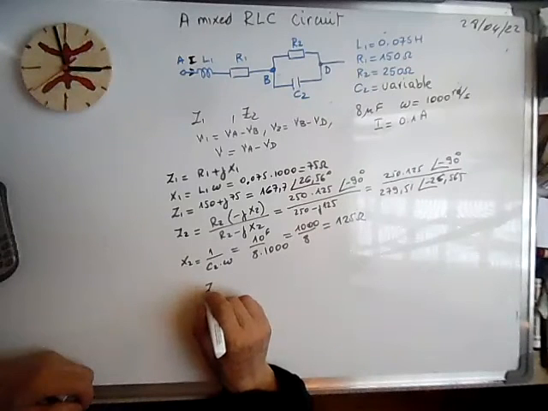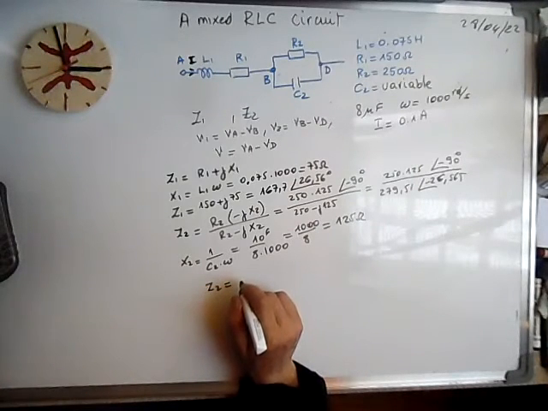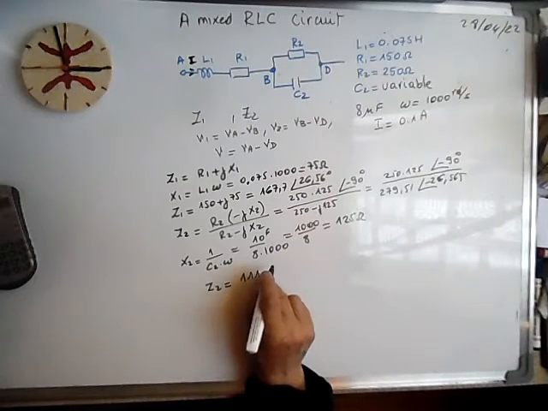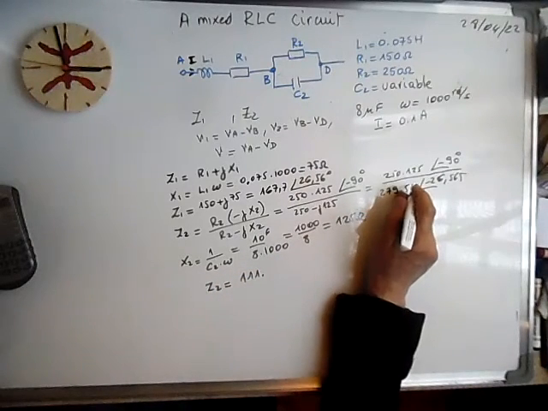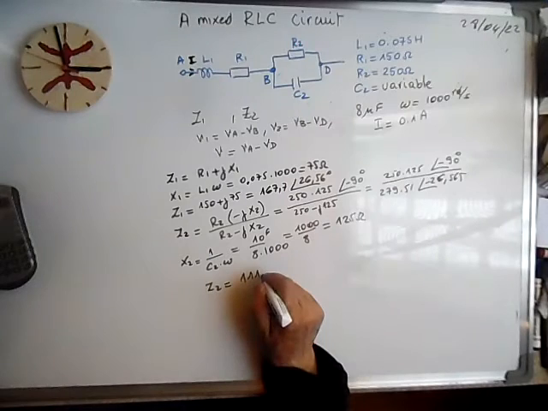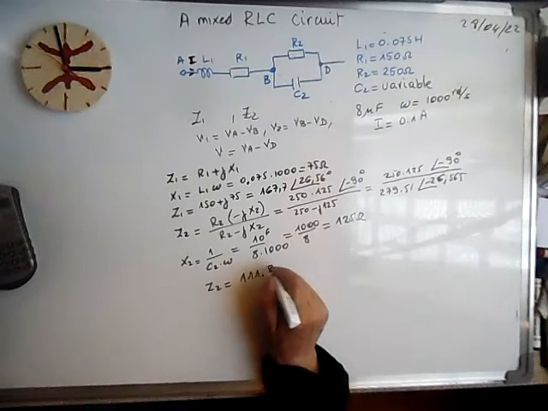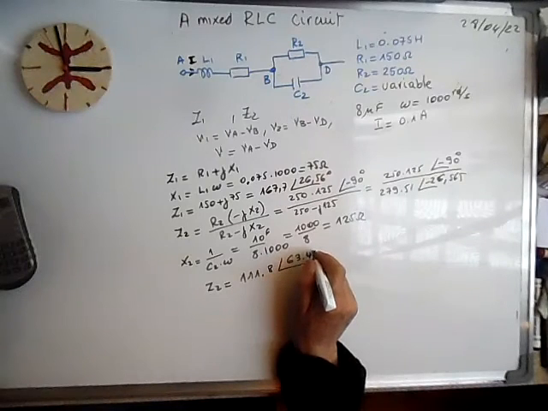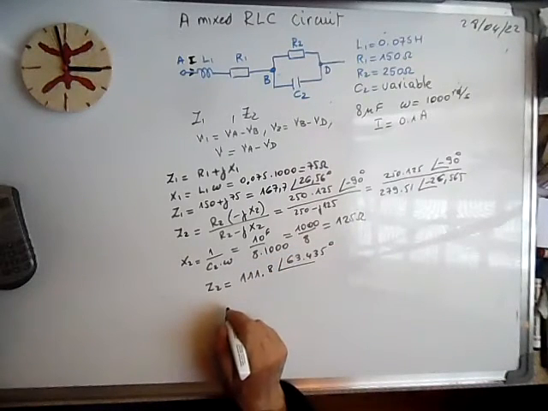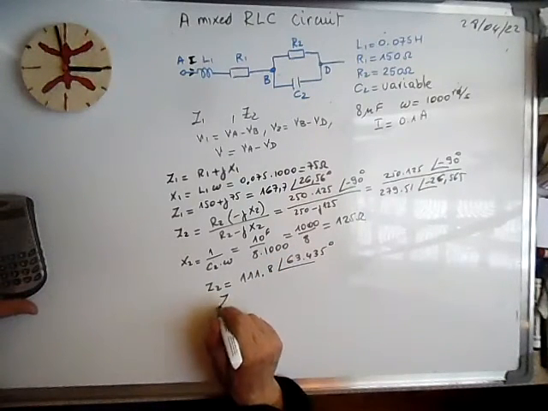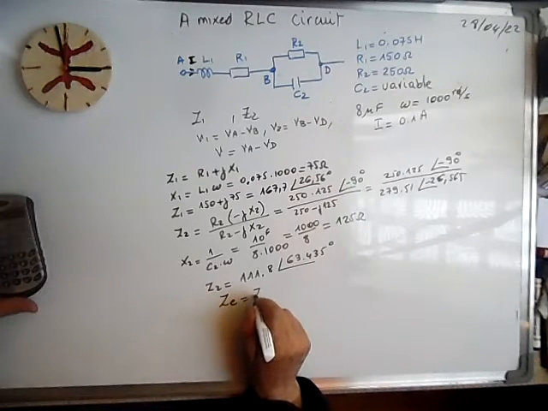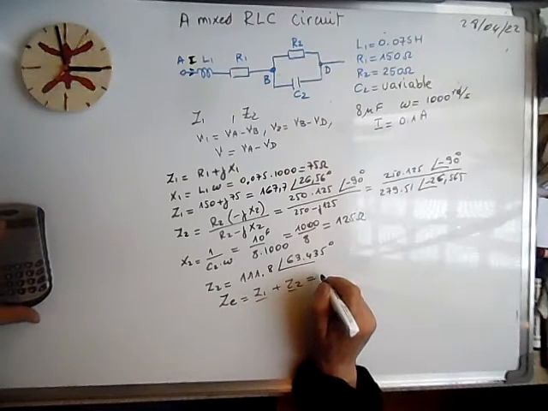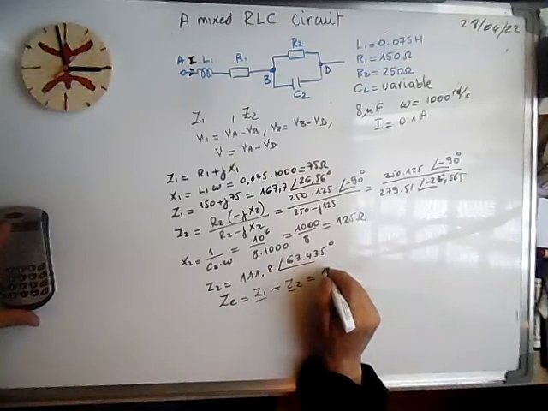The result is Z2 equal to 111.8 and the argument is minus 63.435 degrees.